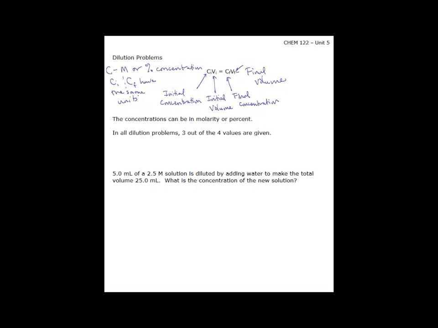Now, with this dilution formula, 3 of the 4 values are given. So we will never give you 2 of the 4 and expect you to find the other 2. So you'll always have 3 of the 4 values given.